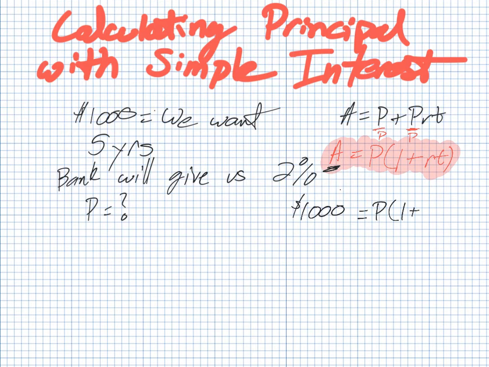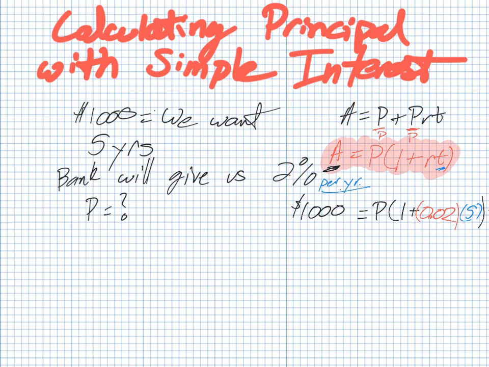What about R? 2%, which is what as a decimal? 0.02. And T, how much time? 5 years. And that's 2% per year. I didn't specify that, and that's really, really important.